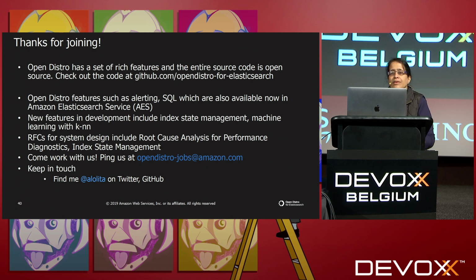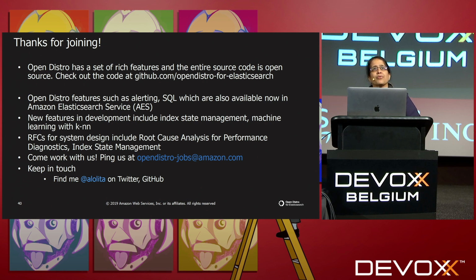So with that, I think we have about 15 minutes left, and we can do questions. Needless to say, Amazon Elasticsearch is the service that AWS provides. But what is really cool and has worked out very nicely is that as we build features in the open, on Open Distro for Elasticsearch, that innovation also goes back into the production service.